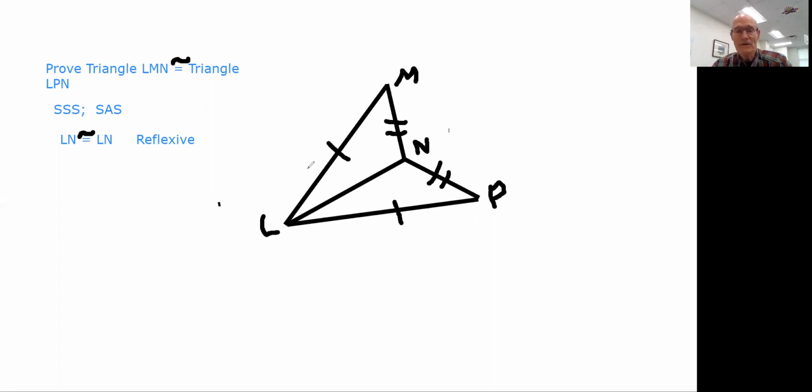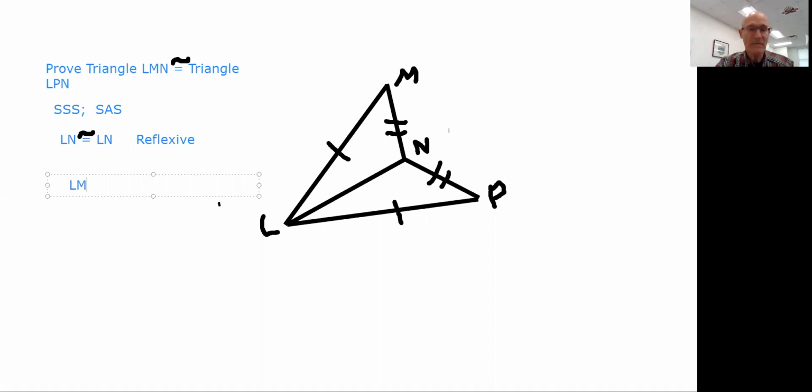We talk about something called the congruency statement. Let me come down here and show you one. I can put the triangle symbol in there.